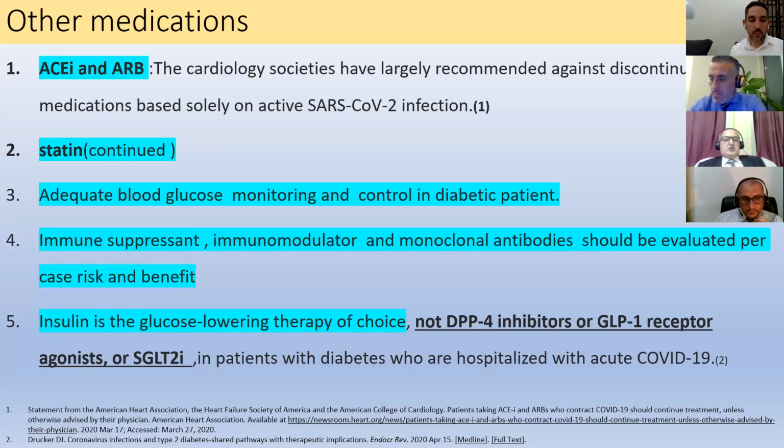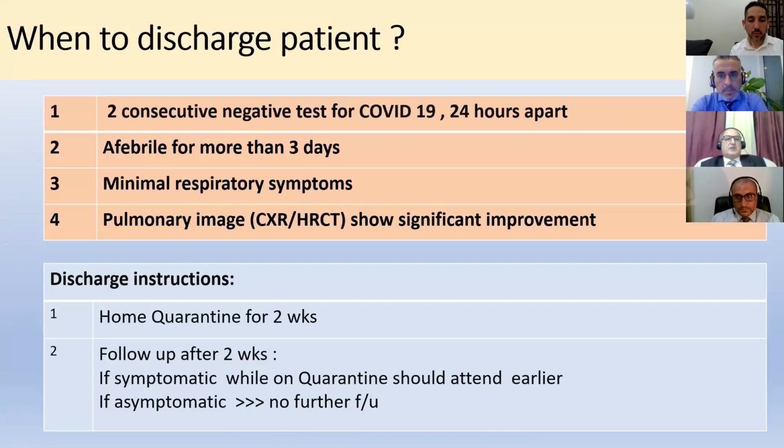Other immune suppressants, immune modulators and monoclonal antibodies for other chronic connective tissue diseases or patients with SLE should be used by personalizing and individualizing the treatment, taking case by case the risk and the benefit from this treatment.